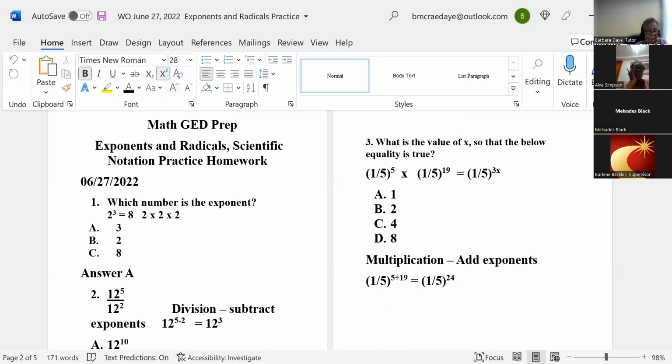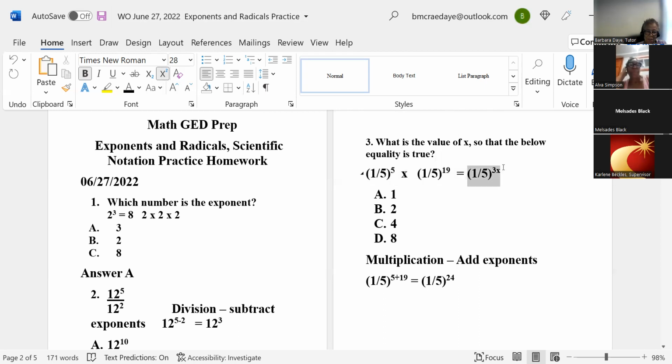Okay, now Alva, if that's 1/5 to the 24th, now Mercedes, you know what X is, right? I'm not sure. What would you say it is? 24. No, what is X? X would be 1/5.